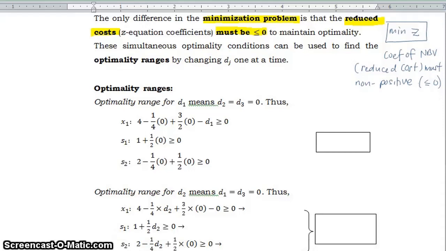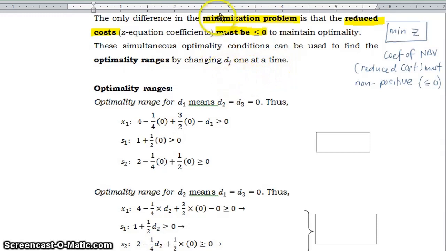What if we change the revenue only one at a time? This simultaneous optimality condition can be used to find the optimality range by changing Dj one at a time.